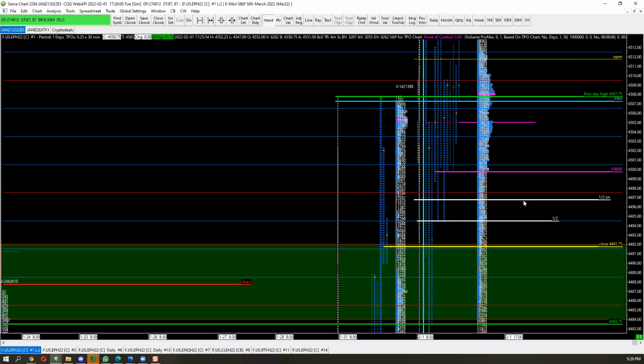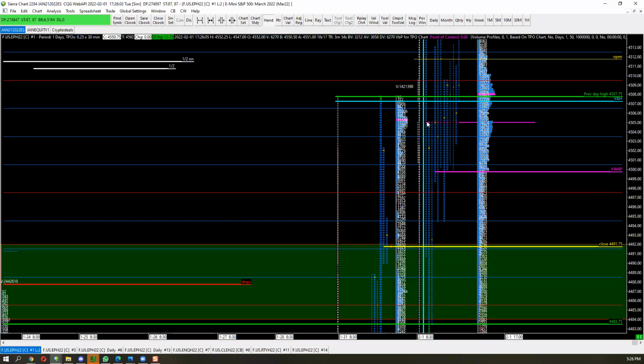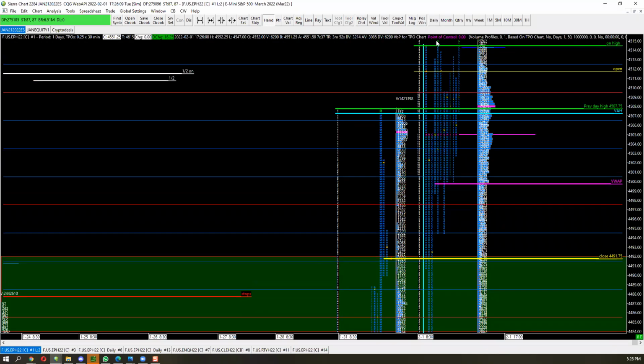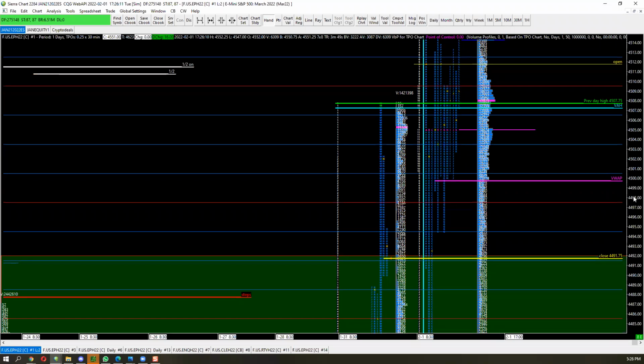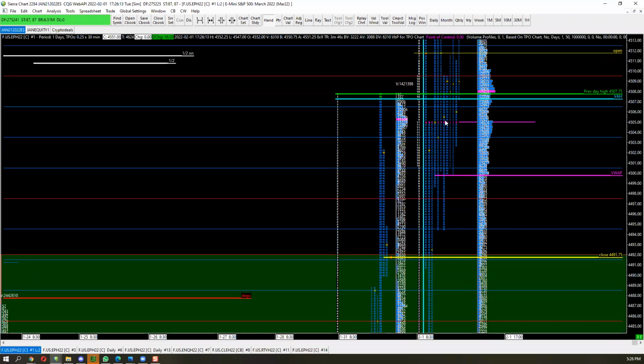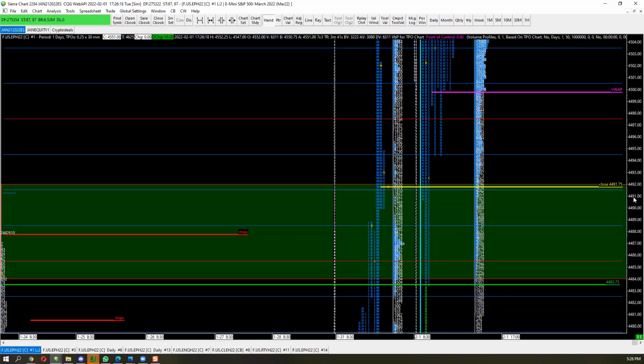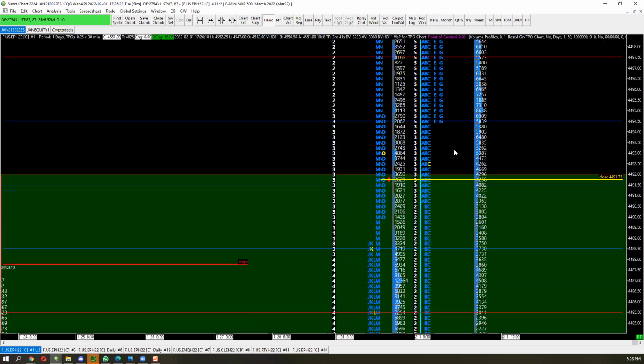We saw the market, when the market liquidated in F period and G period, do you see how that E and that G low were exactly at the same price, right?